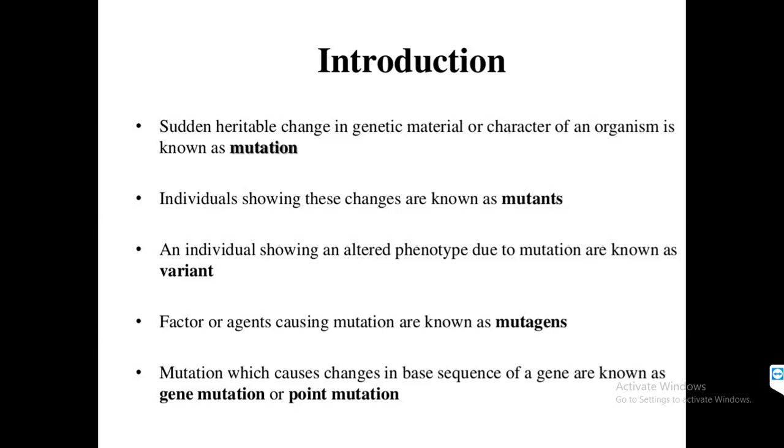And if it is heritable, that is, if that changed condition passes on to the next generation also, then we call this mutation. So the individuals that show mutation are called mutants. And individuals showing an altered phenotype due to mutation are known as variants. If there is a change in phenotype, that is, the visible characters, then that individual will be called a variant.